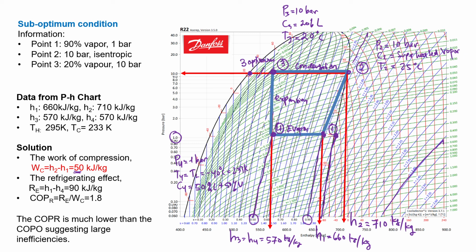And here we have a QL, and our QL now is slightly low. So when we check the coefficient of performance, that will be QL divided by work. It's much less than what we obtain in the optimum operation.